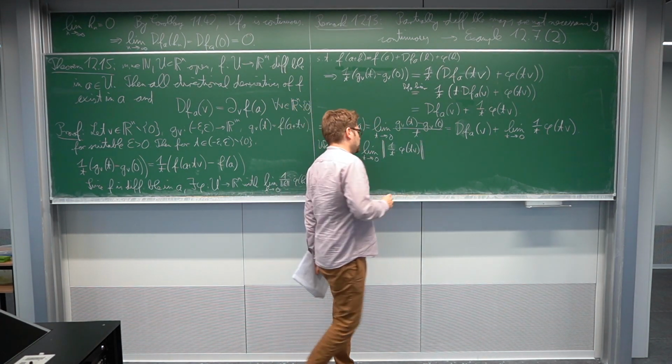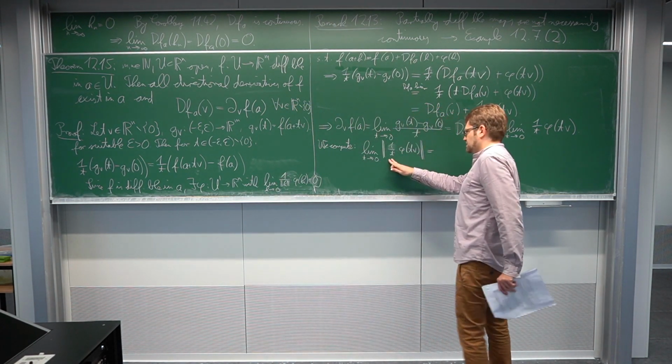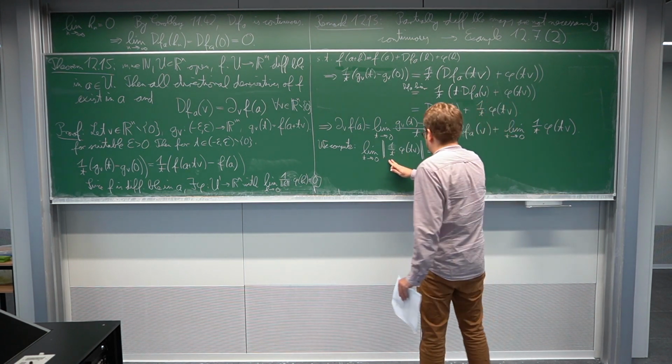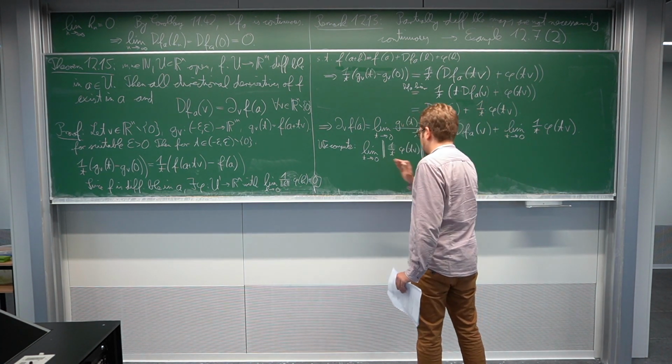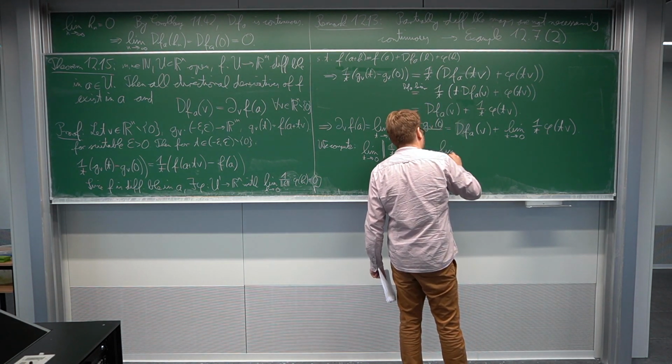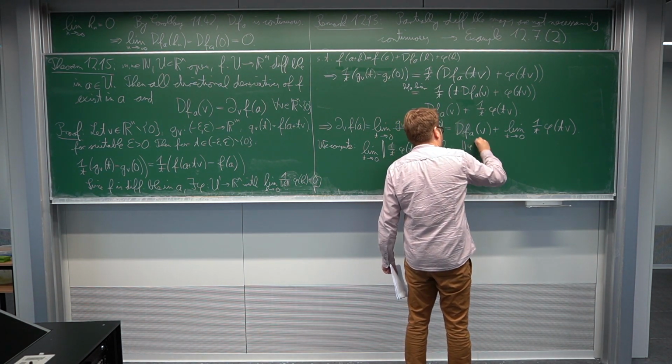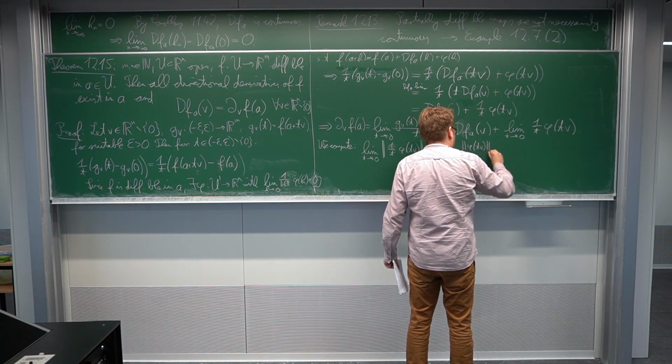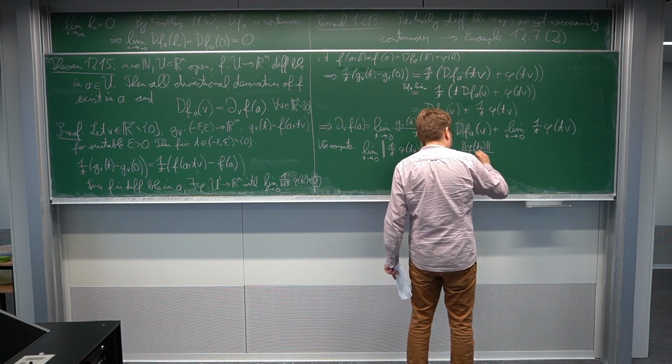Now we play around with this a bit. This is a positive factor, so we can pull it out with the absolute value and move it in. This means this is the same as the limit as t goes to 0 of the norm of phi of tv divided by the absolute value of t.